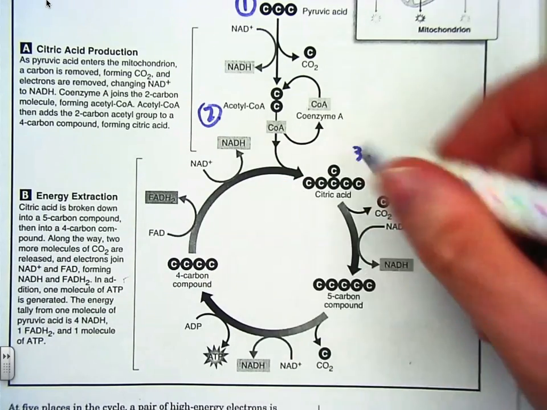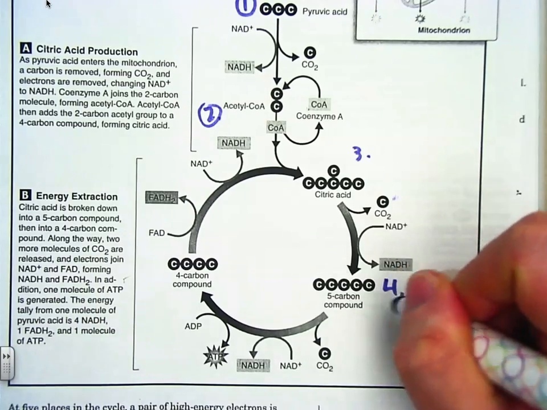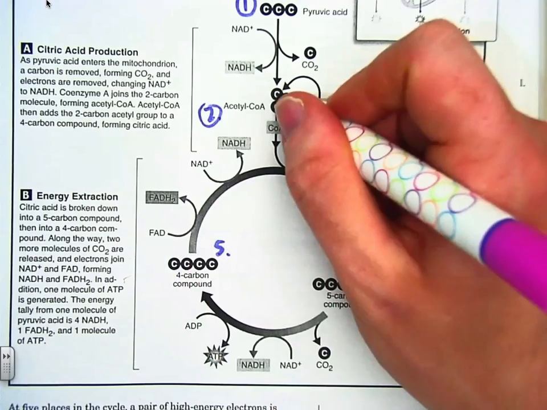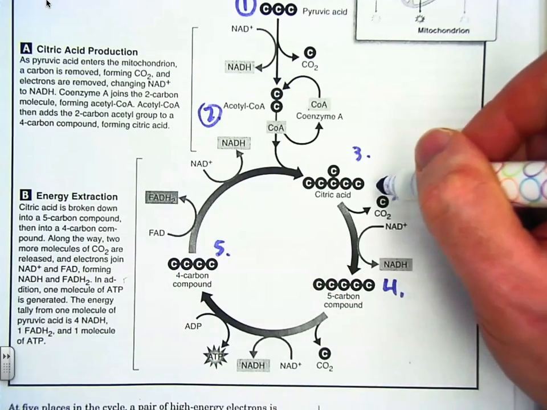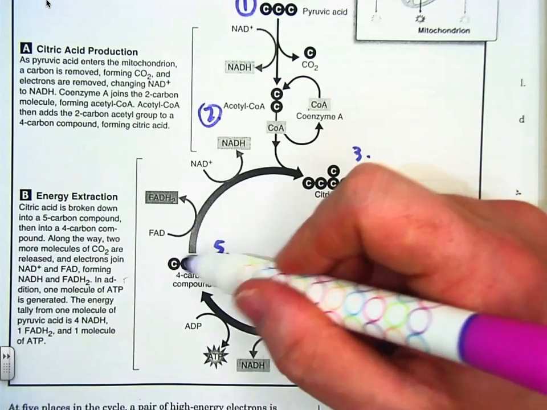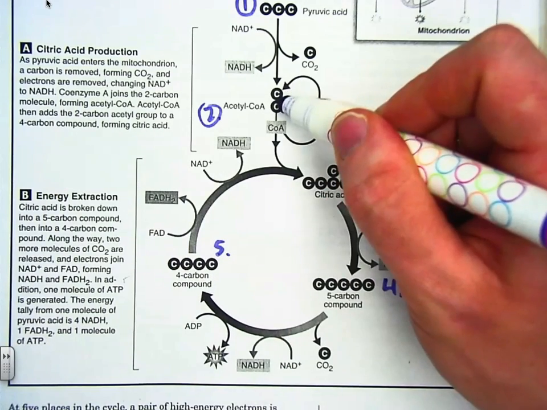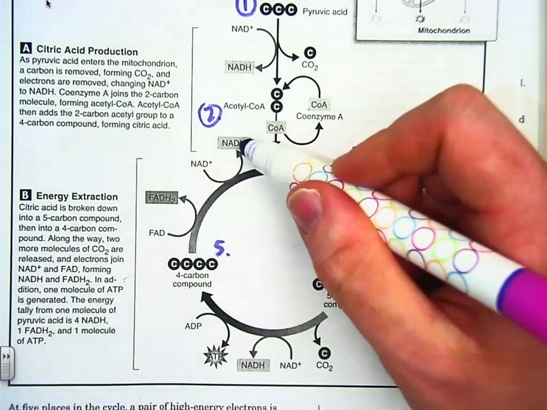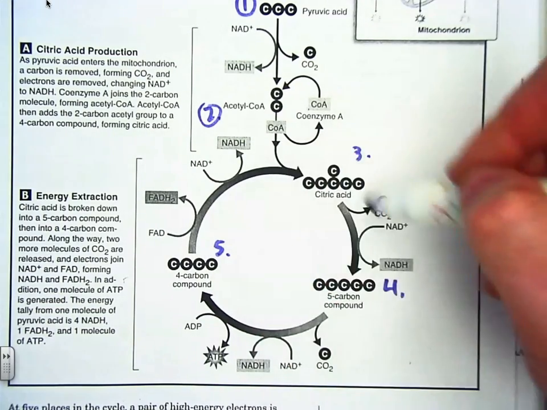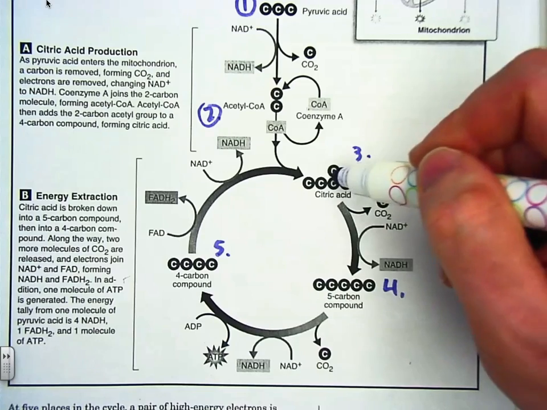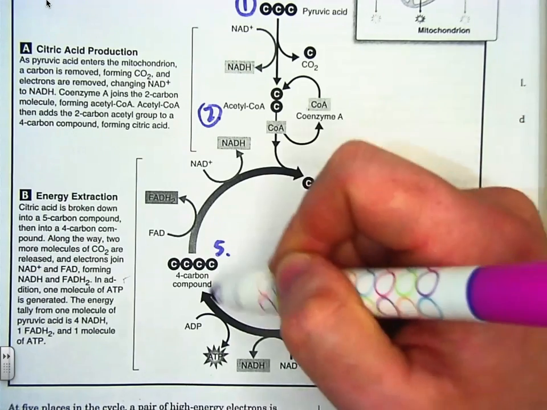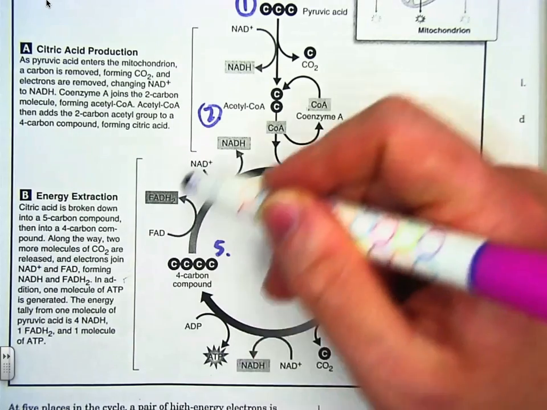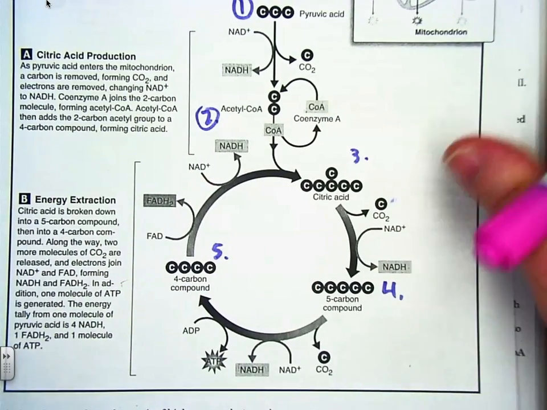And that 4-carbon molecule, step 4, is what gets added to the next acetyl-CoA to make citric acid. In the process of that 4-carbon molecule adding to acetyl-CoA to make a citric acid, you get FADH2 and NADH. So it's a cycle. It just goes round and round and round. Citric acid being created, broken down, and regenerated with acetyl-CoA. Goes around and around. That's the Krebs cycle.